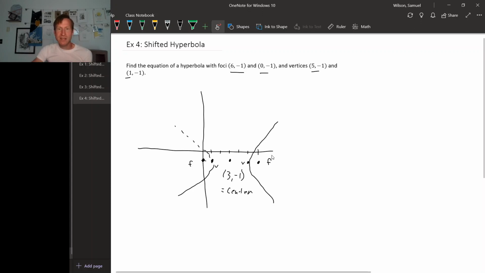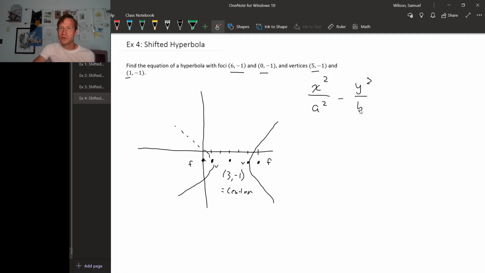So to write the equation of a hyperbola, remember there are two versions. There's x squared over a squared minus y squared over b squared equals 1. And there's y squared over a squared minus x squared over b squared equals 1.